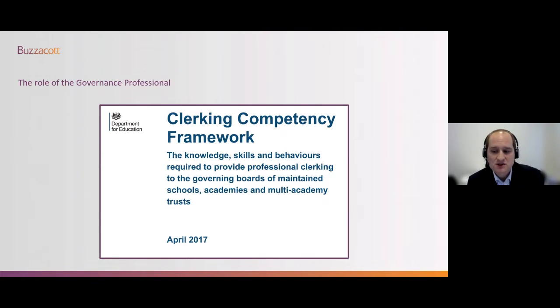Things like risk management and other factors, which you would hope in these situations would have prompted a bit more questioning and process around some of the things that came out as a surprise within this MAT, if they had been working closely with a strong governance professional. So an important role within the trust.